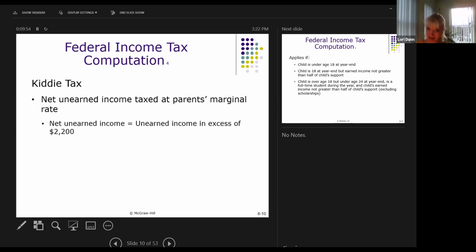So you could put the asset in your kid's name, okay? And they could earn income off of it.